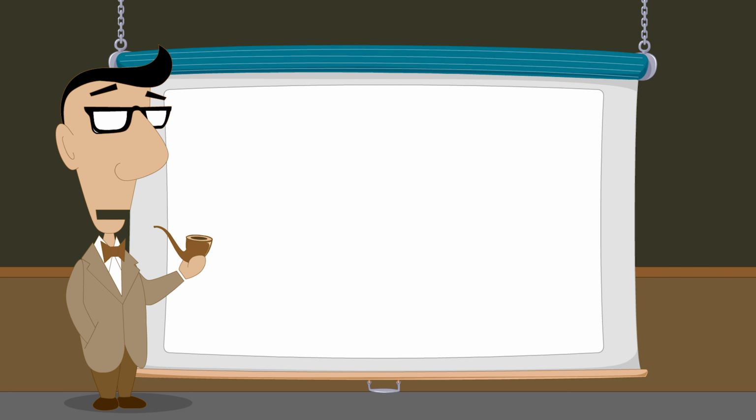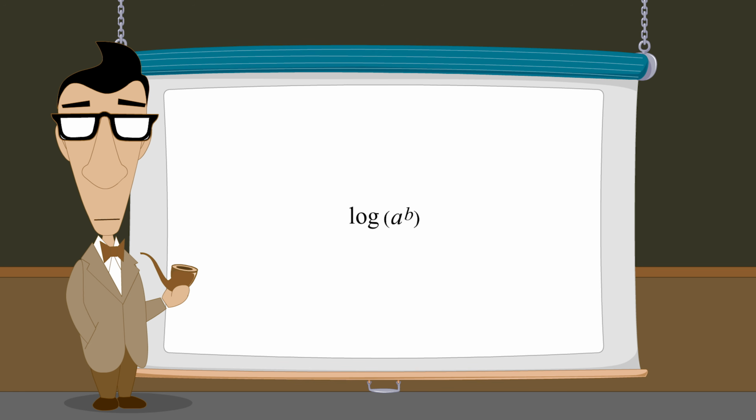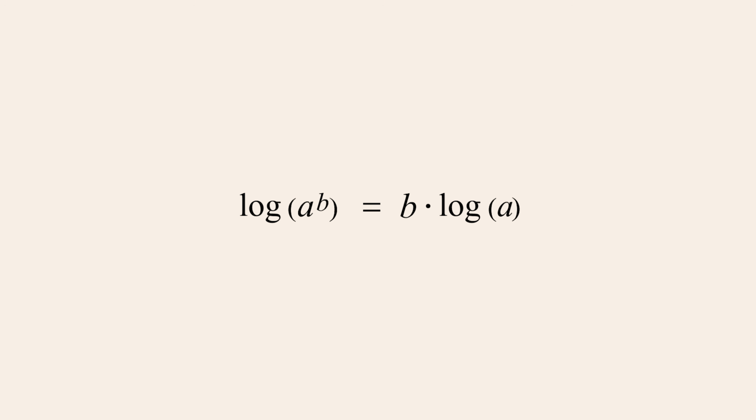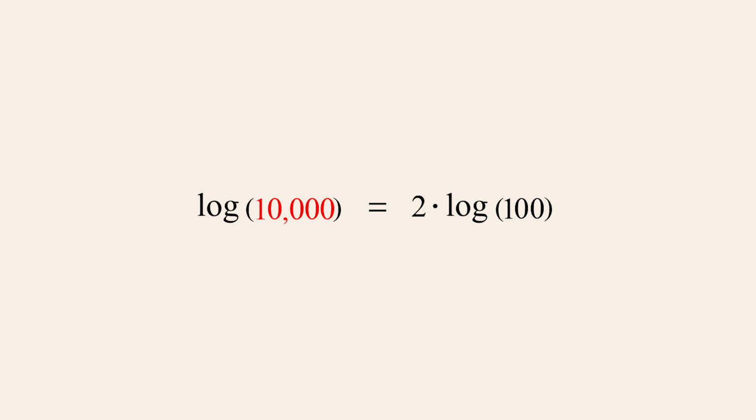Another rule that follows the same rules as exponents says that the log of one number a with an exponent b is equal to b times the log of a. To test this rule, we will give a the value of 100 and b a value of 2. 100 squared is 10,000, and the log of 10,000 is 4.